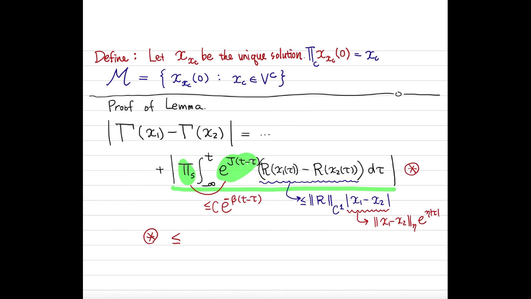So after the tau integral, this term star will be of the form some constant times the eta norm of this times e to the eta absolute value of t.